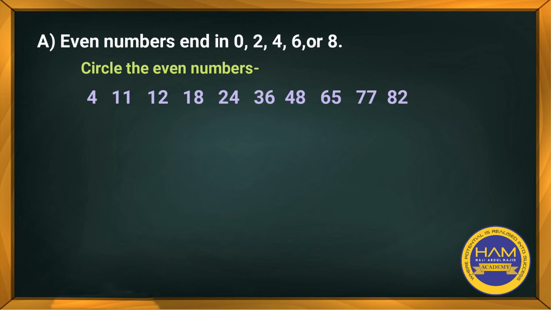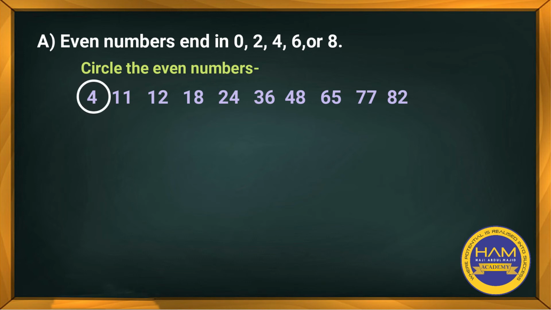The first number is 4. How can we find out whether it is an even number or an odd number? As we know, even numbers end in 0, 2, 4, 6 or 8 and this number ends with 4, so it is an even number.